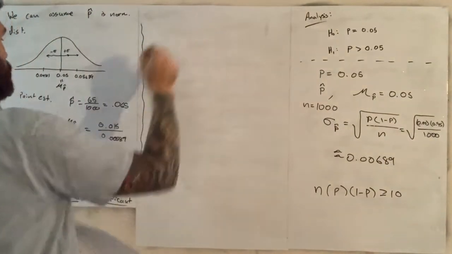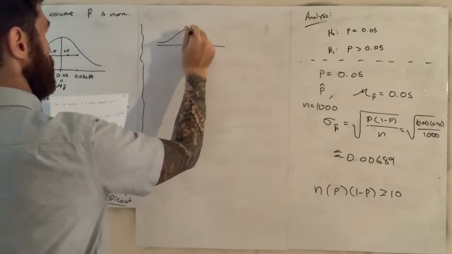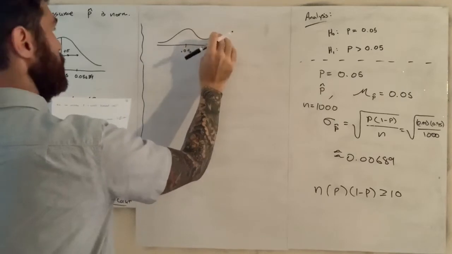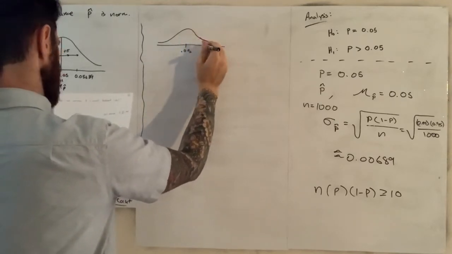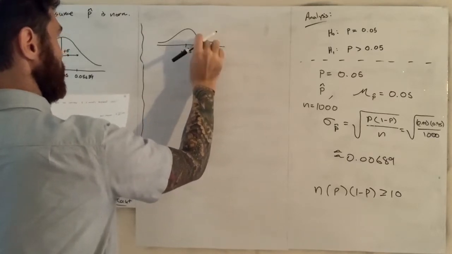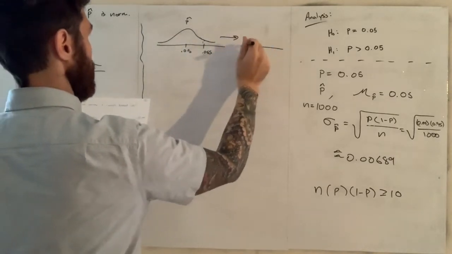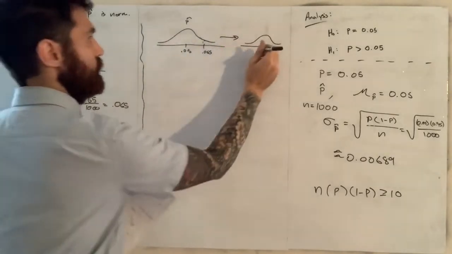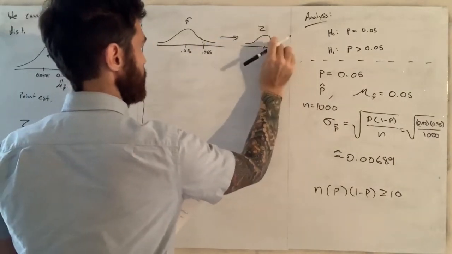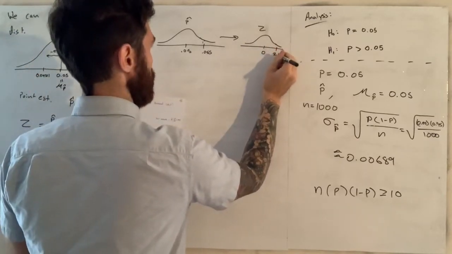So what I'm going to do here is I'm actually going to kind of build my model again. Here I have 0.05, and then here I have like 0.065, somewhere over there. And so this is p hat. And if I z standardize it, I'm going to come over here to 2.18.